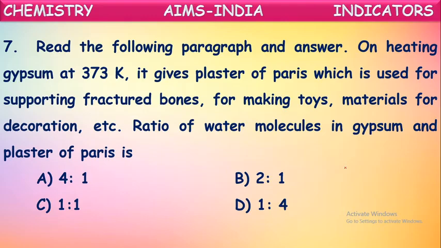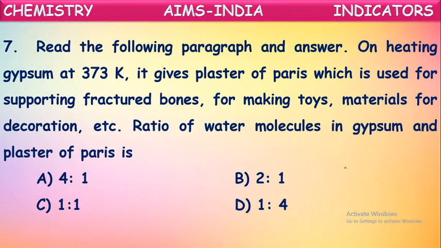So here they are asking about two compounds. One is gypsum. So generally, when this gypsum is heated, it gives plaster of Paris. Both are useful. This plaster of Paris is specially used in supporting fractured bones and making some toys and decoration items.